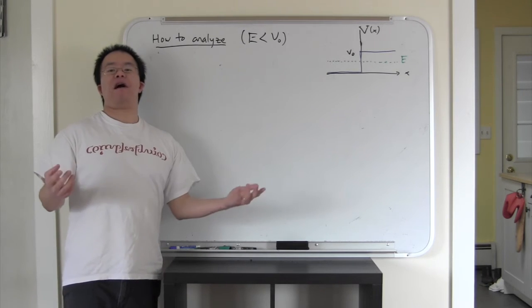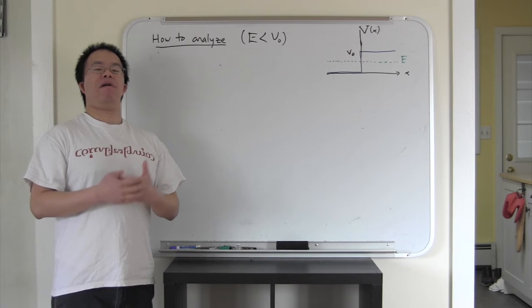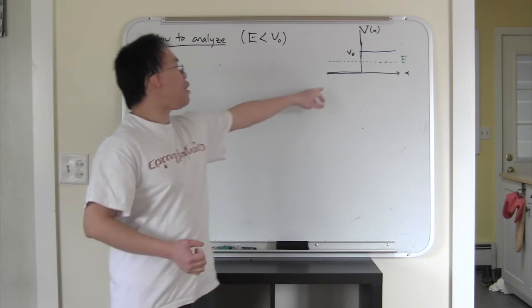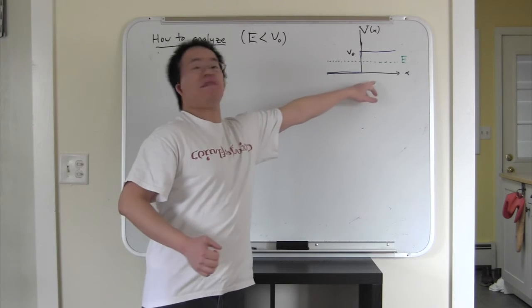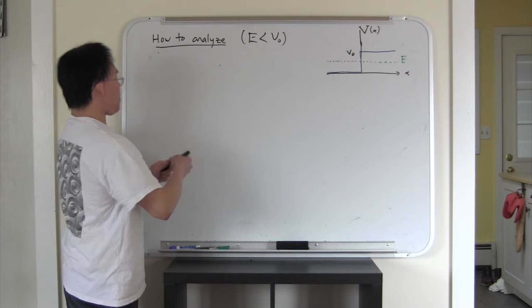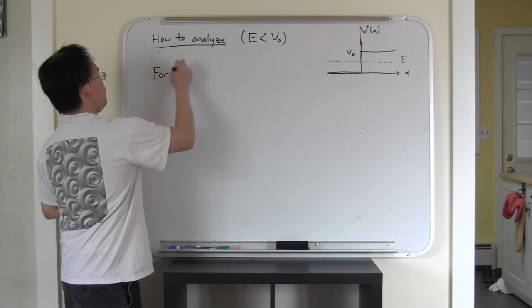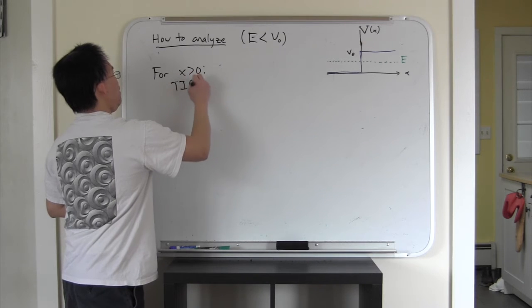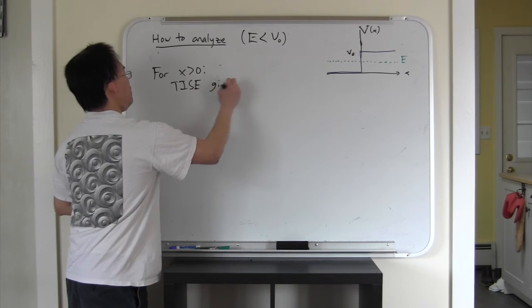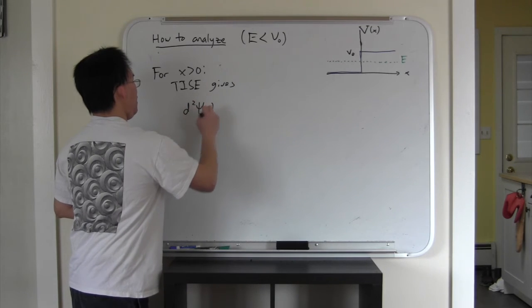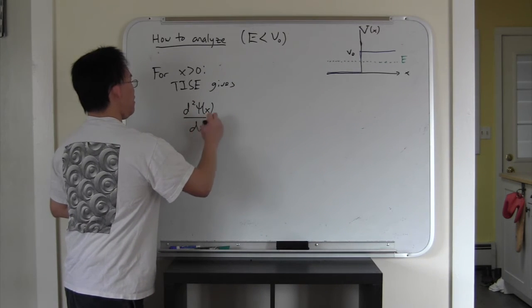Stepping back to writing down the general form of the solution to the time-independent Schrodinger equation, nothing changes here. The only difference is there. For x greater than 0, my TISE gives me d squared psi dx squared.